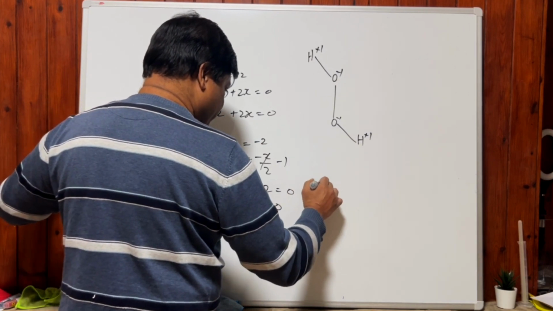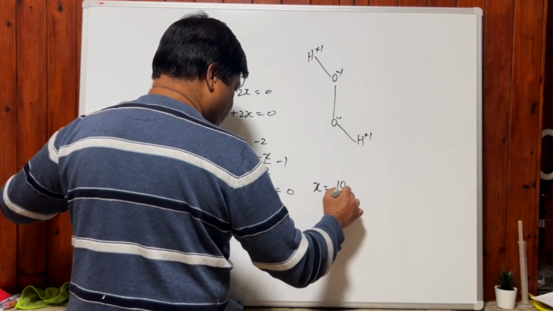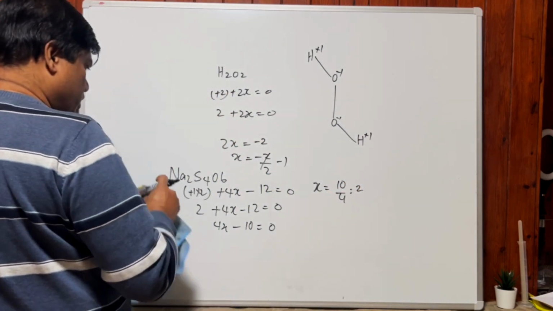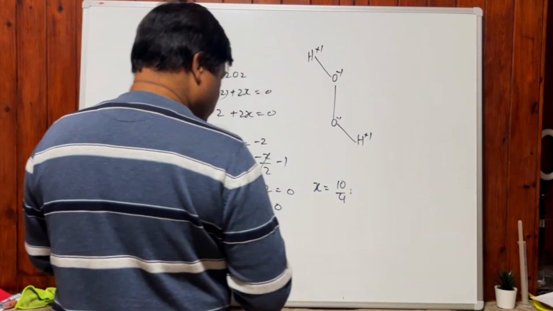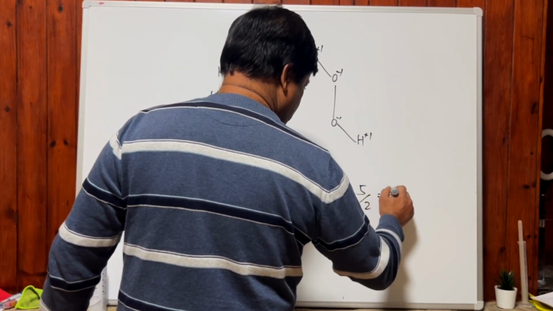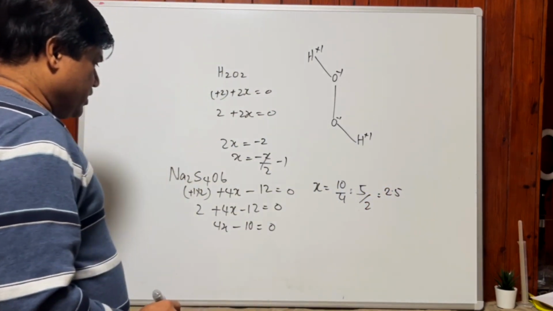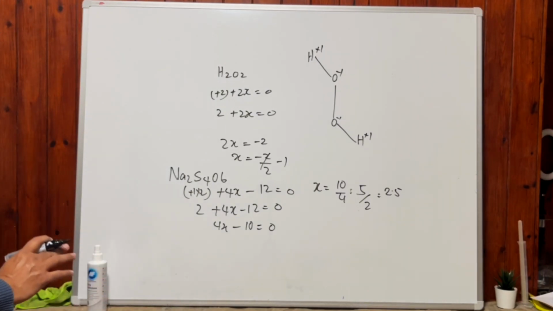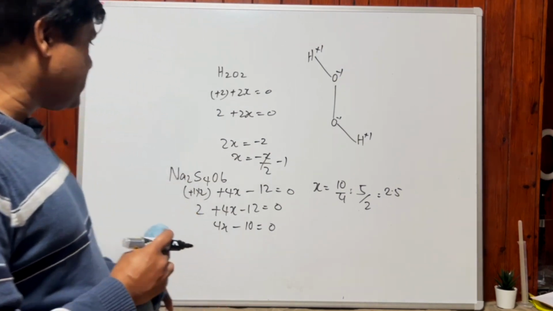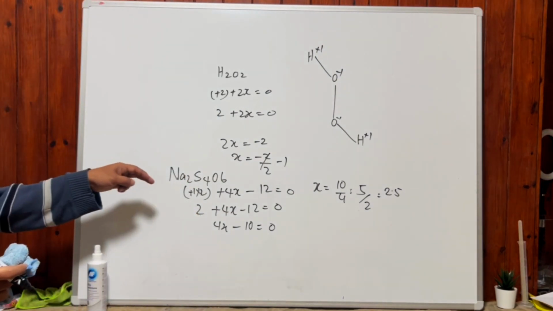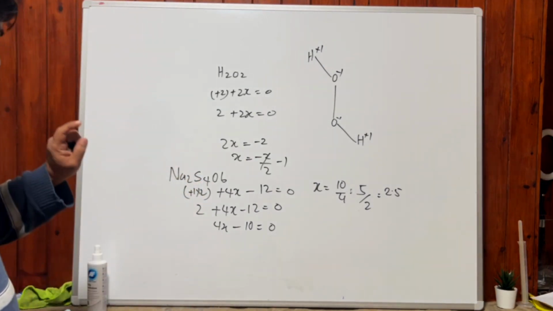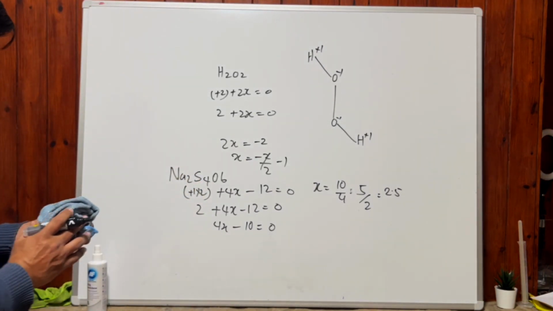So x equals 10 over 4, or 5 over 2, which is 2.5. So we can't work it out by using this formula. Let's draw the structure and see what the oxidation state of each sulfur in sodium tetrathionate is. Look at that one.